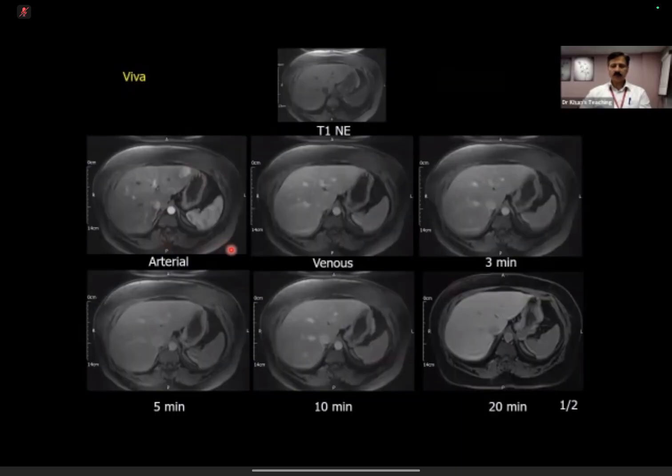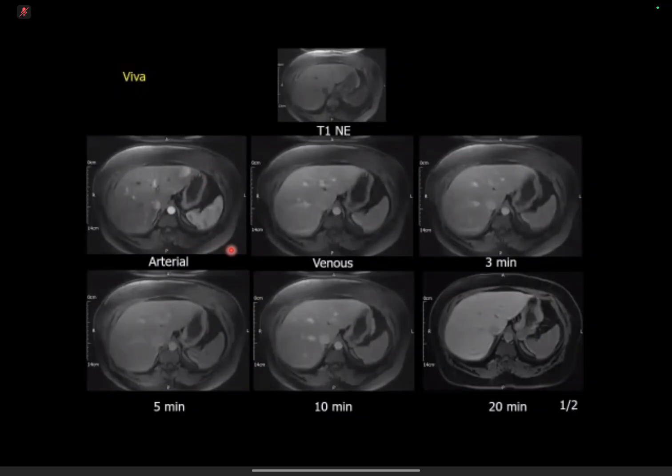Over to candidate one. Okay, so we have selected axial sequences from contrast-enhanced MRI of the liver.